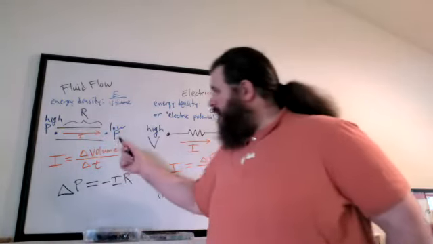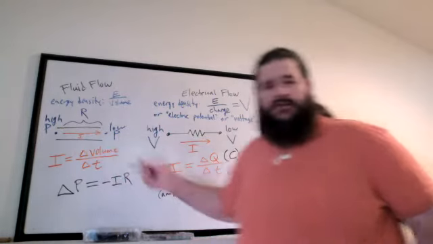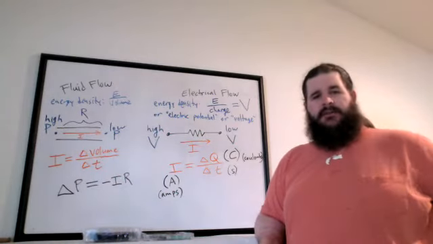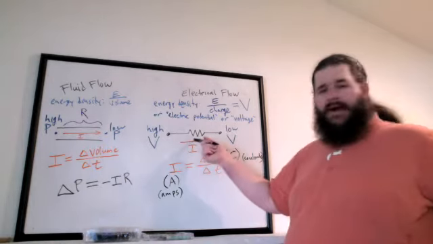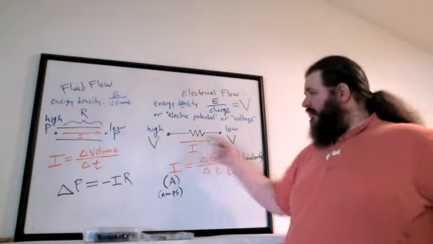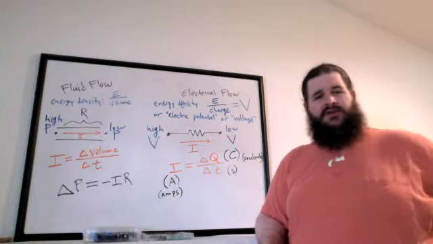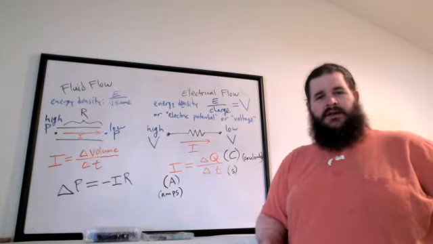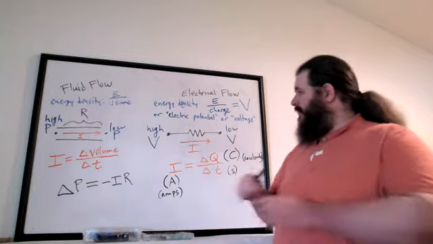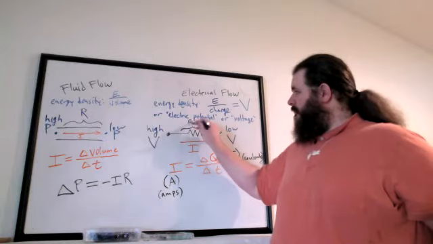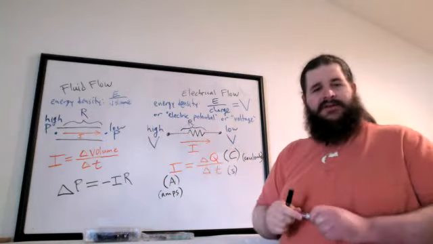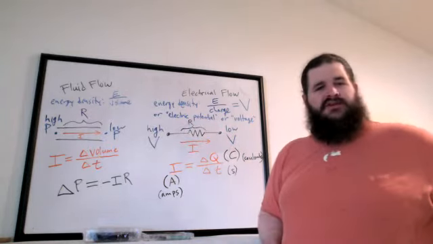A difference in pressure across a pipe causes fluid current to flow from high pressure to low pressure. Likewise, a difference in voltage across a wire with resistance causes electrical current to flow from the high voltage zone towards the low voltage zone, in spite of the fact that the resistor has this property called resistance, the difficulty level. Any questions on that so far?